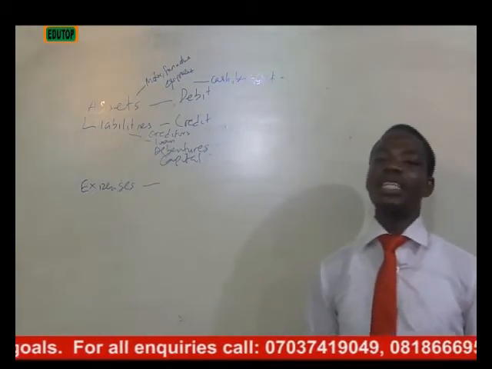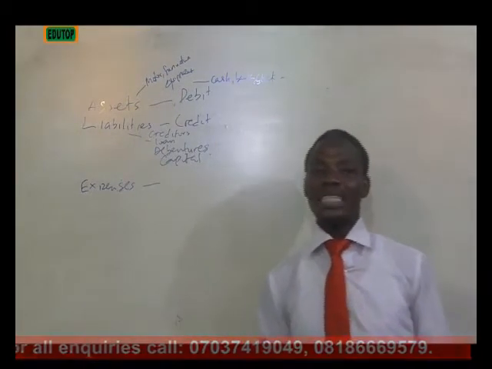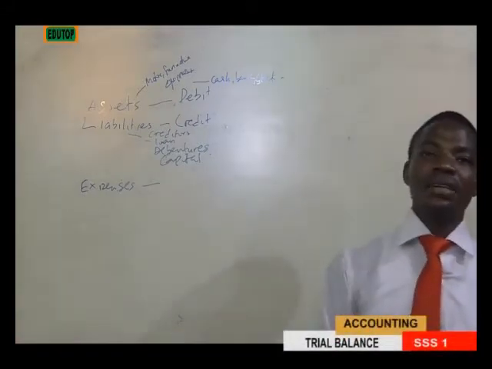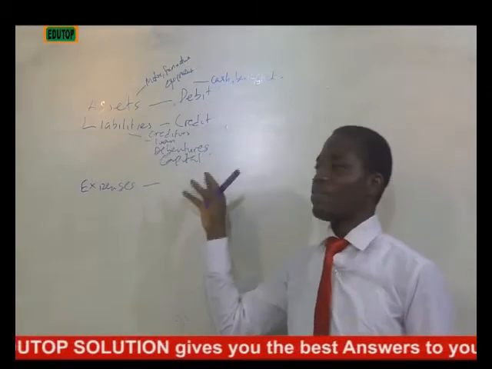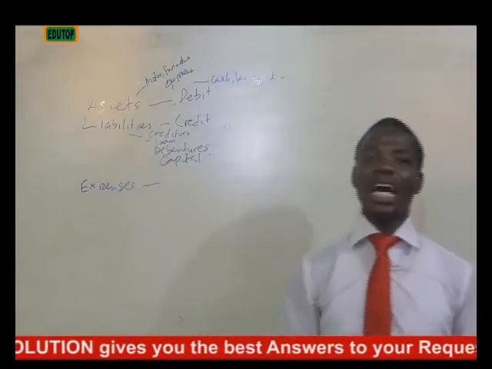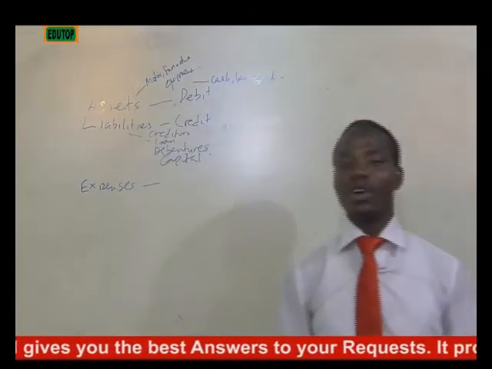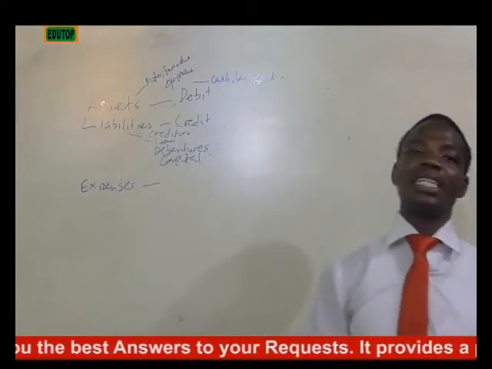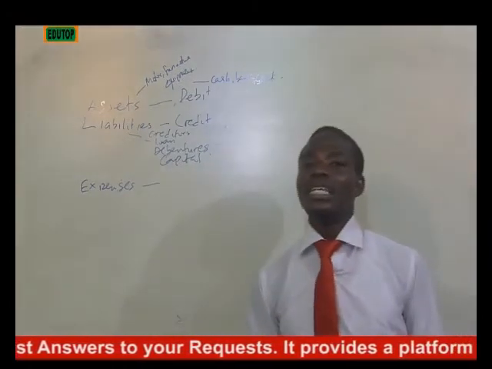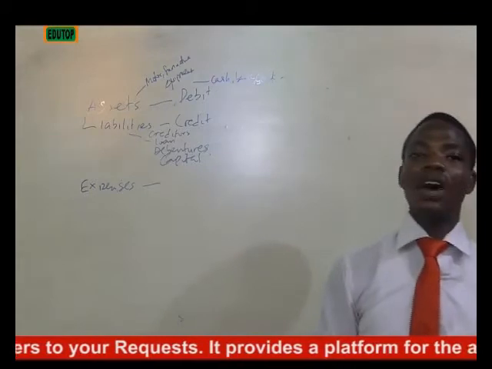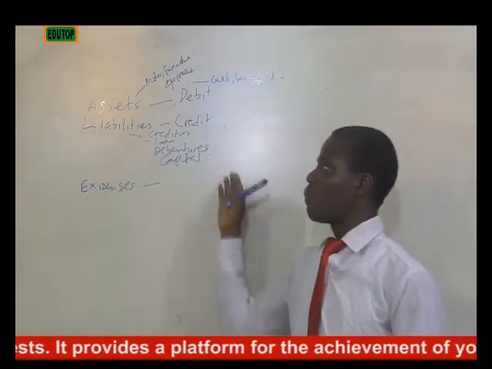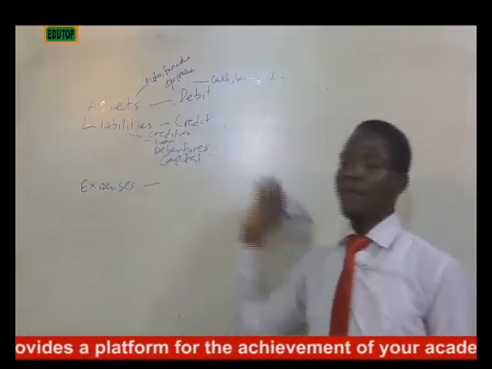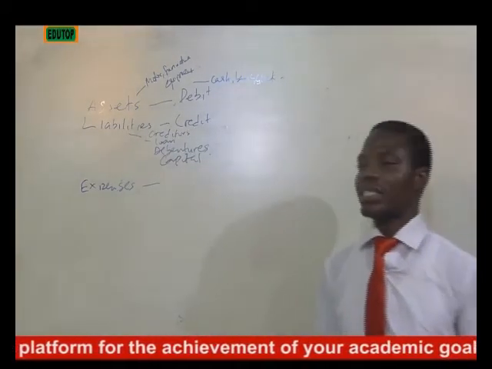Accountants are guided by accounting concepts, and the concept that guides capital as a liability is what we call the entity concept. The entity concept says that a company is separate from the owner who has economic interest in it. So any capital put into the business is a liability to the business.